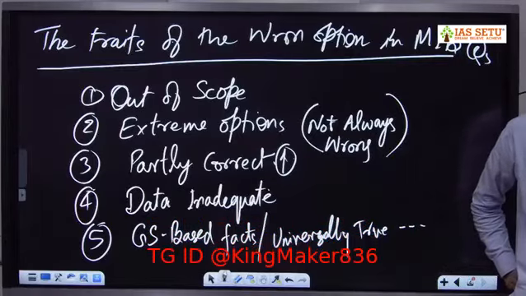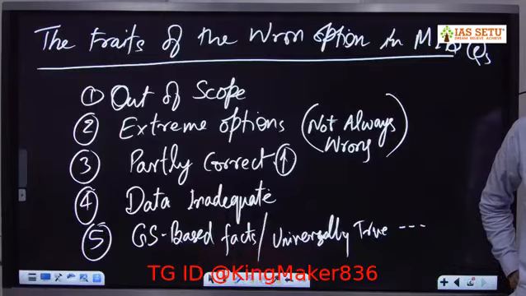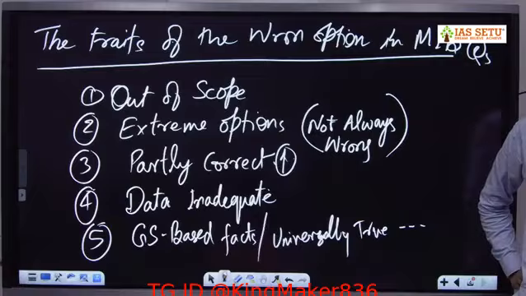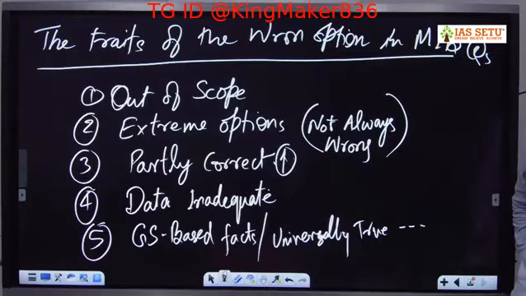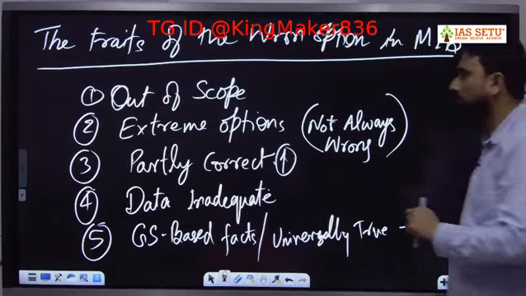Some philosophical thing he has written, some sayings he has mentioned there, some proverbs type of things he has written there. So there again chances are some student may fall.